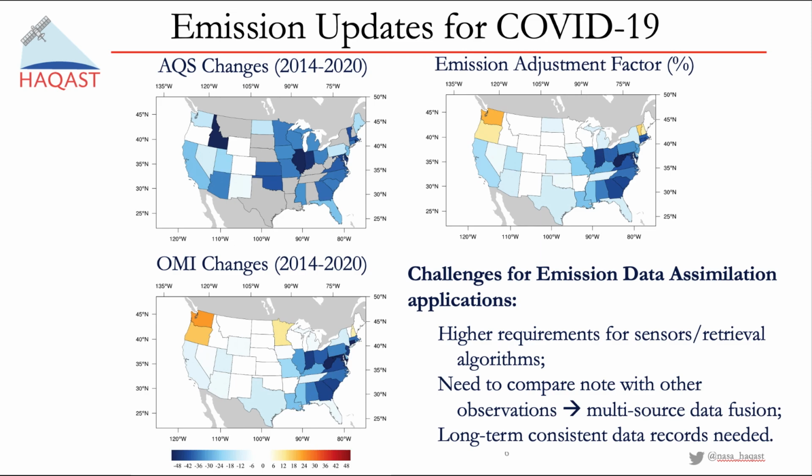However, there are places they are not in agreement. Therefore, it's important to compare notes with different sources to understand the uncertainties in the observations. Finally, for this kind of applications, it's important to have long-term, consistent data record that allowed us to use the emission trend.